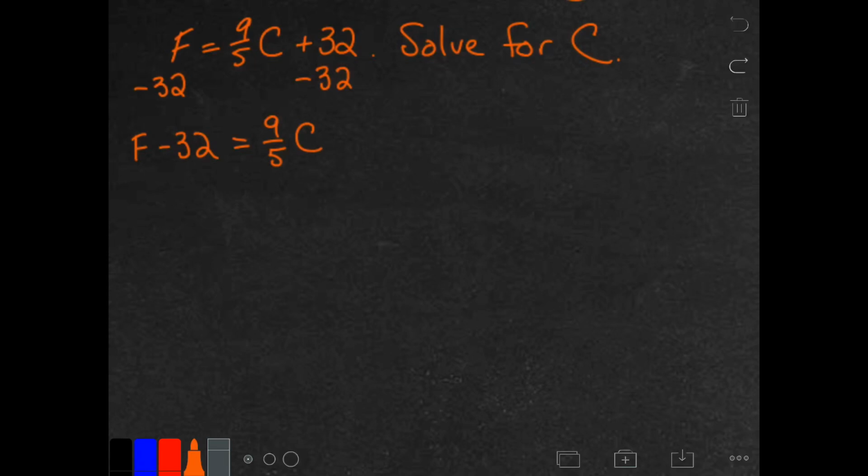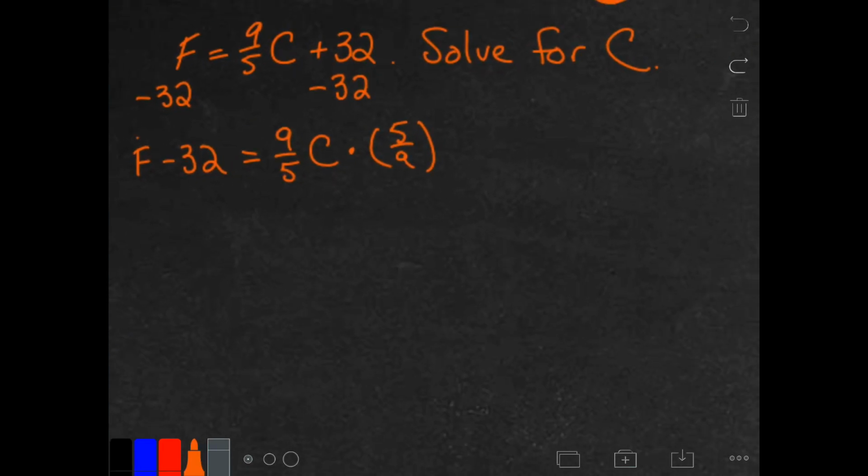So we're going to multiply both sides of this equation by 5/9. So 5/9, parentheses F minus 32 equals C.